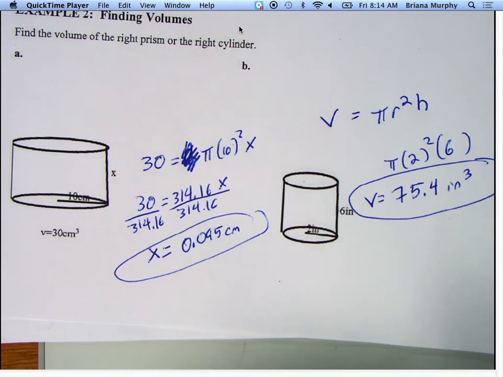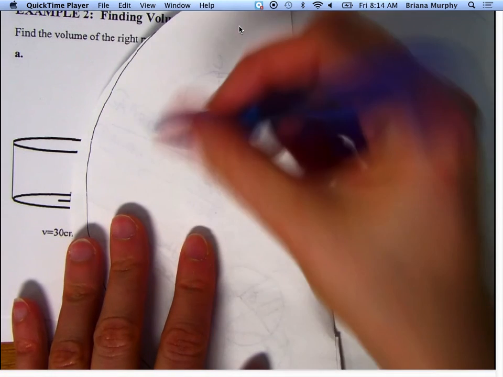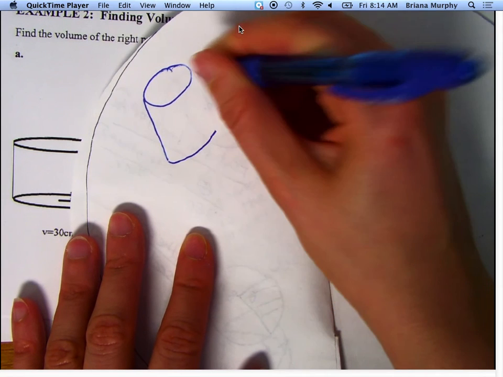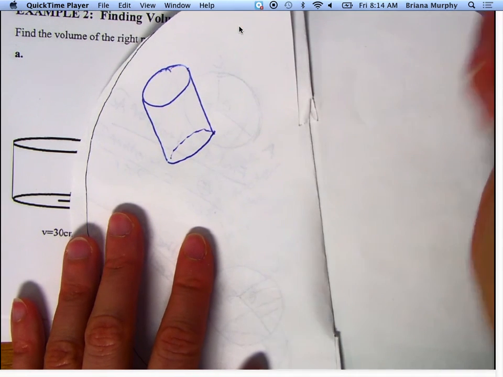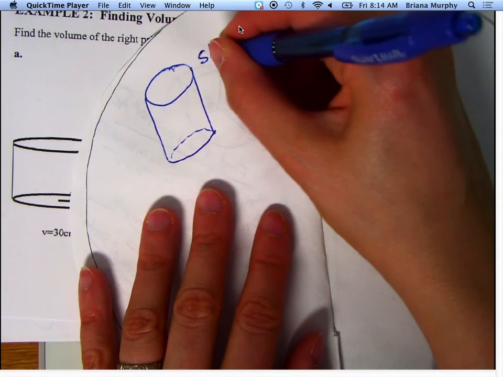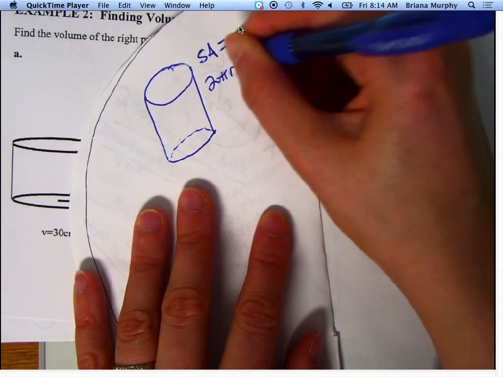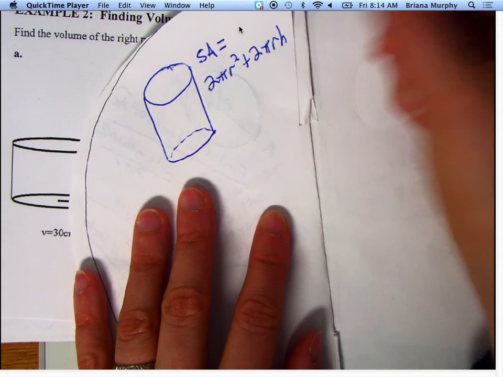I'm going to draw a cylinder so I remember what it says. I'm going to say surface area as SA for surface area equals 2 pi r squared plus 2 pi r h.